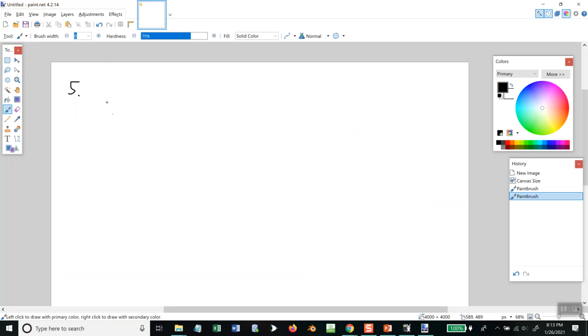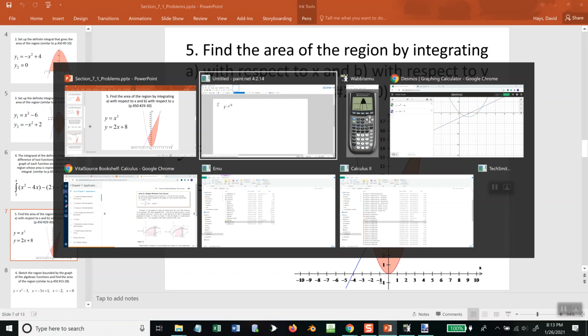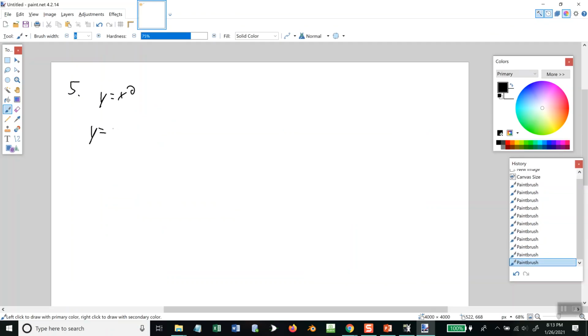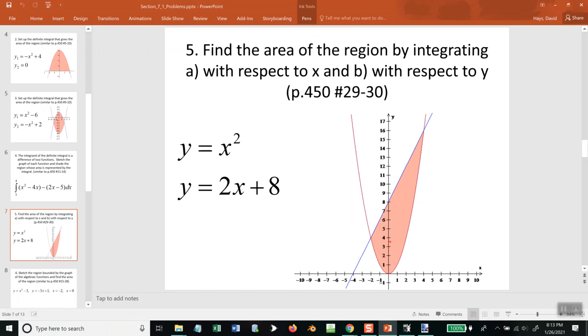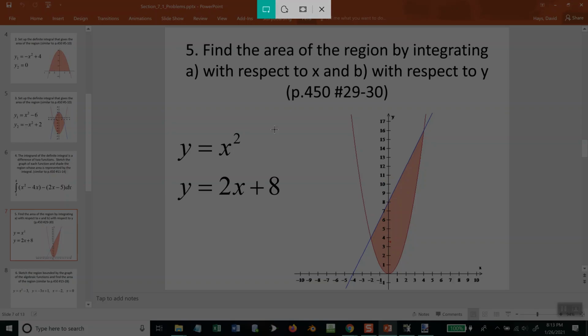Let's see. Y equals x squared. Y equals 2x plus 8. Now we want to integrate with respect to y.